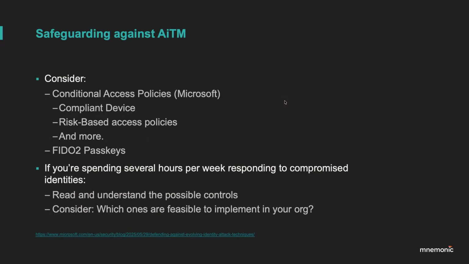Now, the best thing, of course, is to make sure that you are not exploitable in the first place. So when it comes to adversary-in-the-middle attacks, there are very good ways out there to not be exploitable. Most organizations are in Azure in some way or shape or form. So conditional access policies have loads of capabilities of saying that, oh, users logging in with a different user agent for the first time from a location that they've never logged in from, and so on and so on.